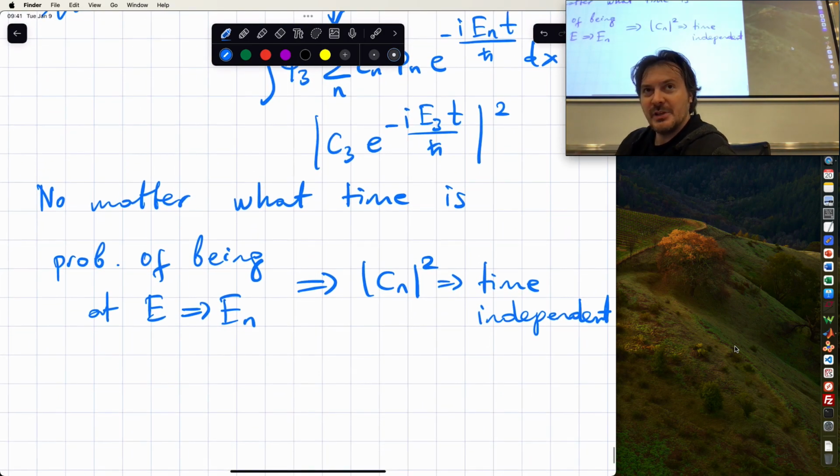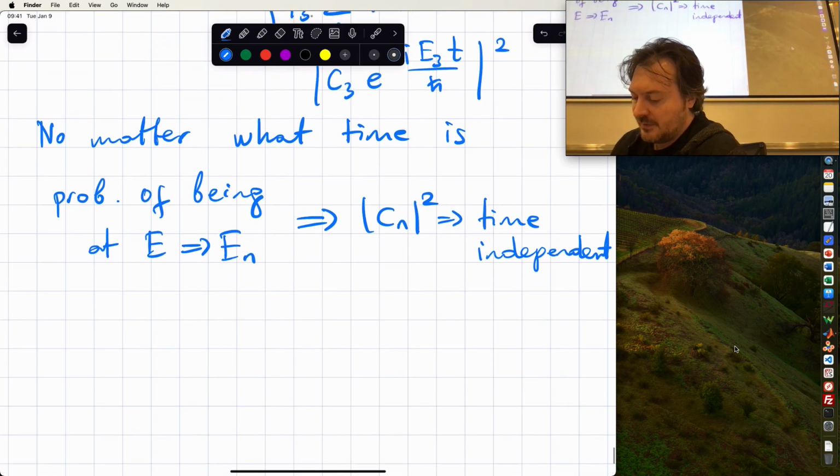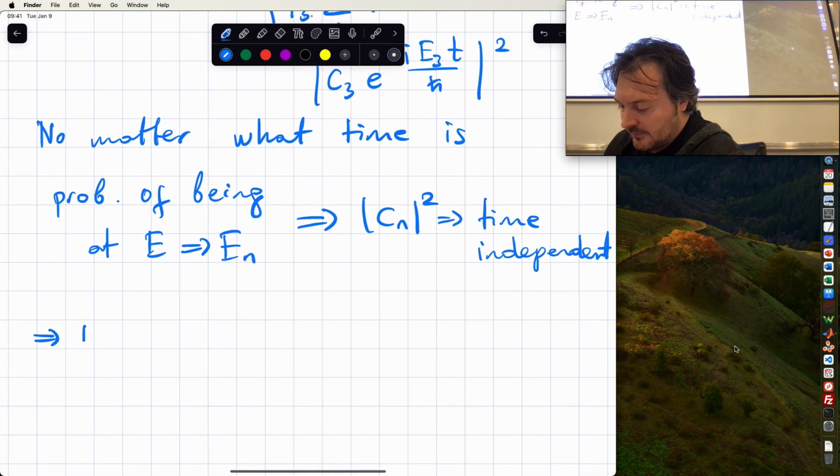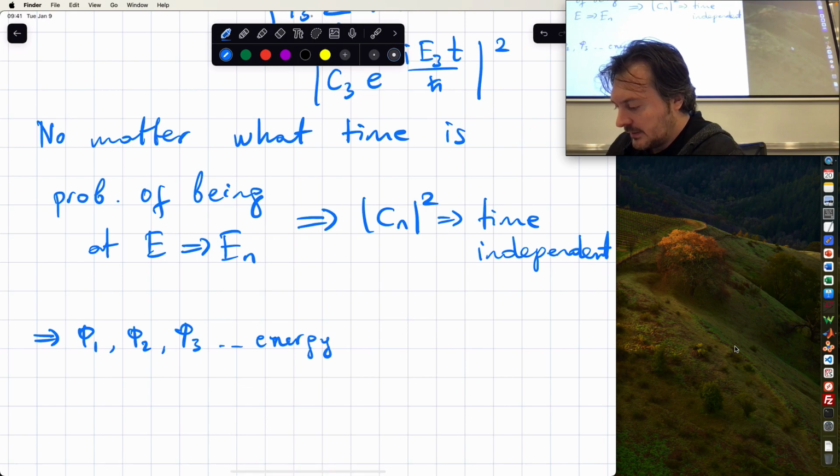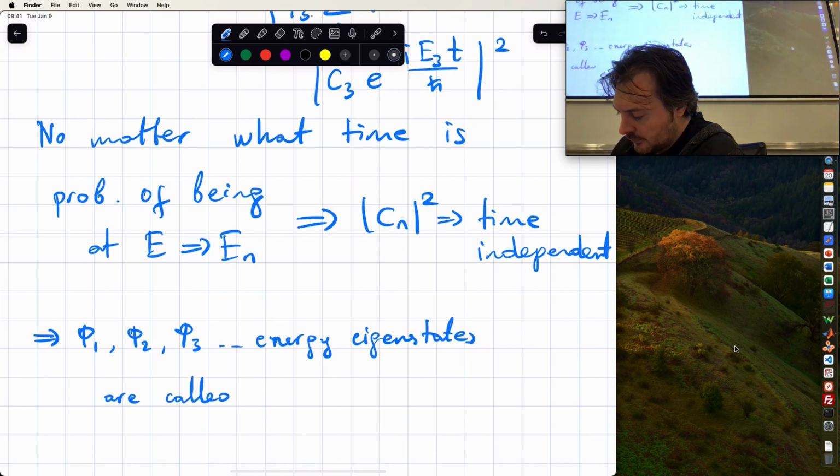Well, there's another bigger why, but that's one of the reasons why we call the phi n's, phi 1, phi 2, phi 3, the energy eigenstates, stationary states.